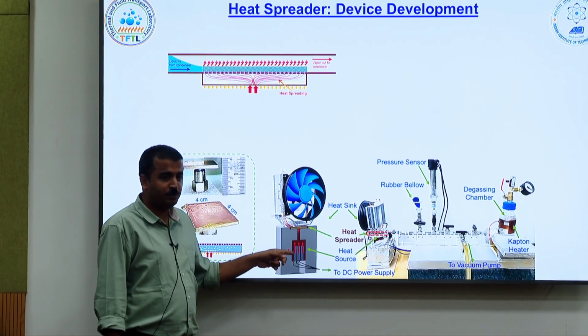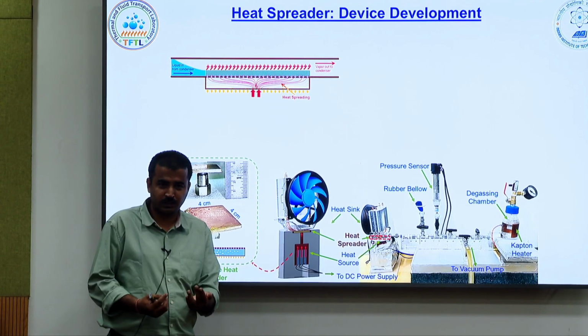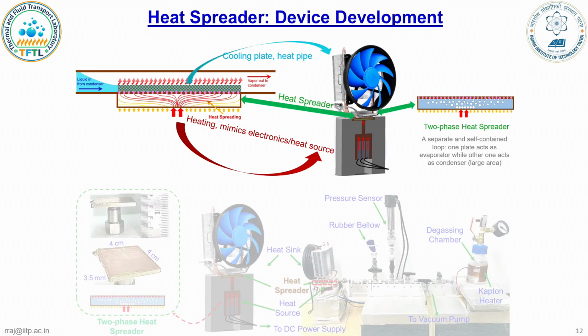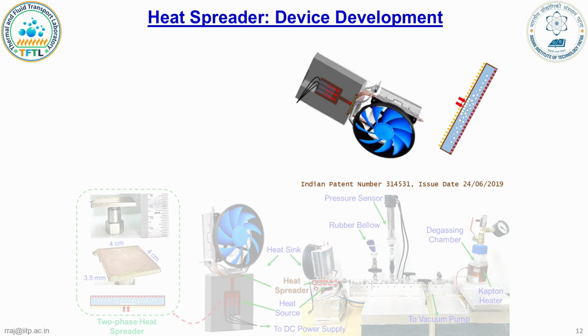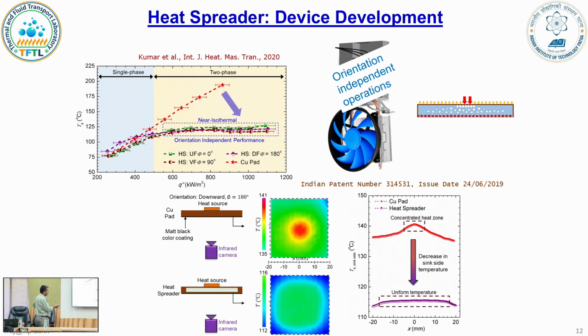If you look at this arrangement, this is a favorable arrangement because the hot surface is at the bottom. So we do these experiments at all three orientations. We also make it downward facing so that we can demonstrate the result, and here is the performance that you see.